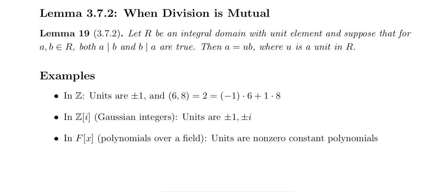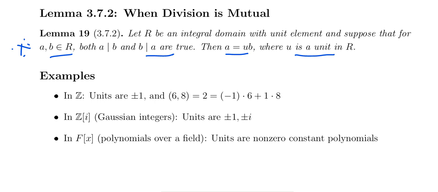R be an integral domain with unit element, and suppose that for A, B belonging to R, both A divides B and B divides A are true, then A equal to UB, where U is a unit in R. That is also a very important idea.